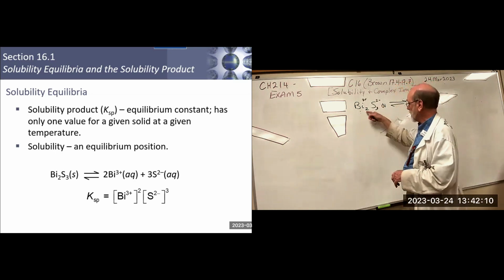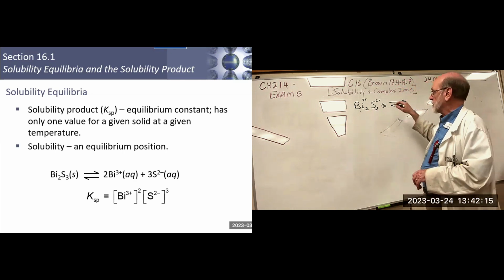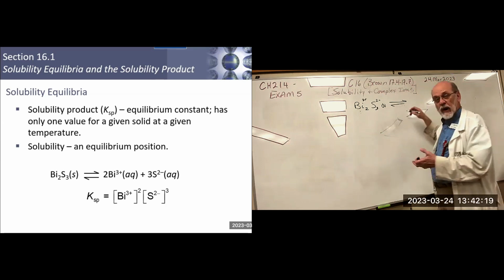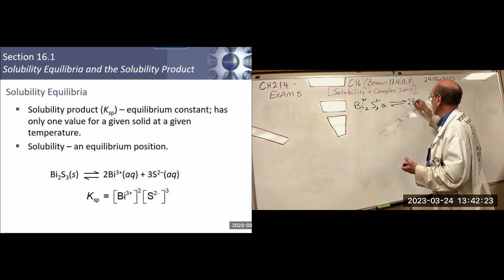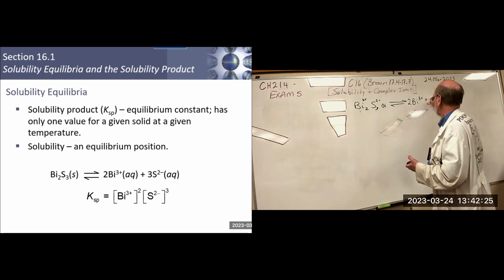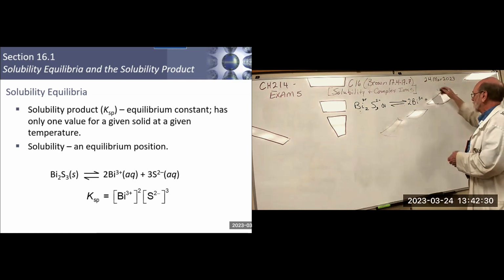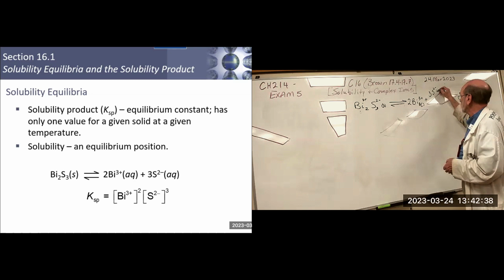We can tell that from the coefficients. So when this breaks apart and goes into solution, we're going to have 2 bismuth ions and 3 sulfide ions. And these are in aqueous solution.